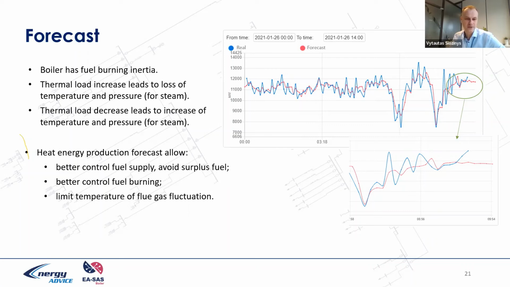And if thermal load decreases, it leads to temperature and pressure increase. So a forecast for some half an hour allows us to better control and to avoid adding surplus fuel or extra high temperature, where the automation is trying to reduce this temperature and ventilate the boiler with flue gas recirculation or surplus extra air supply.